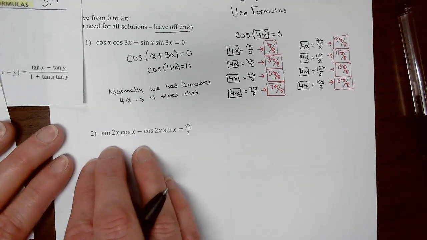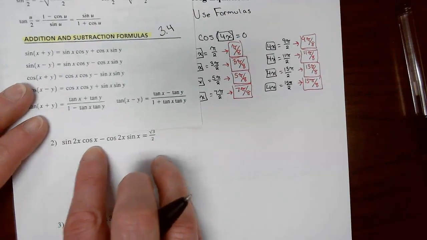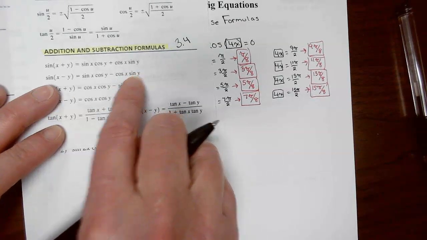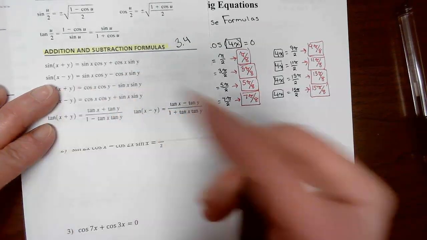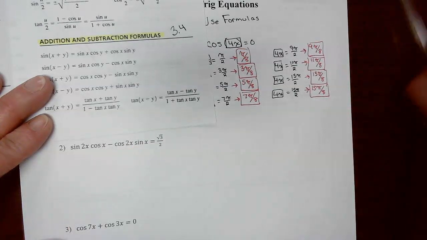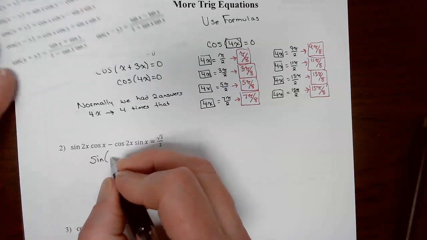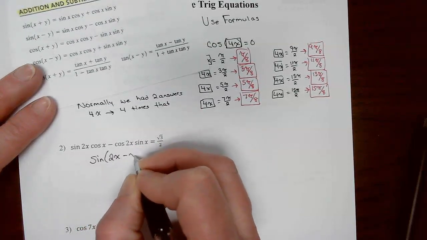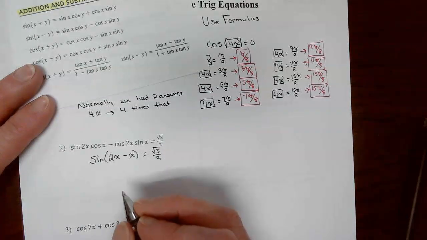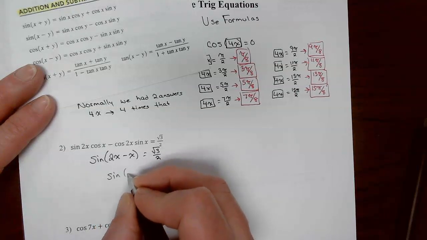This next one, we have sine, cosine, cosine, sine. So sine, cosine, minus cosine, sine. So this is the sine of the difference. Let me switch back colors. Sine of the difference equals the square root of 3 over 2 in this case. So sine of the difference, we get sine of x.